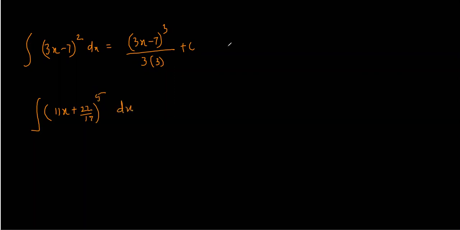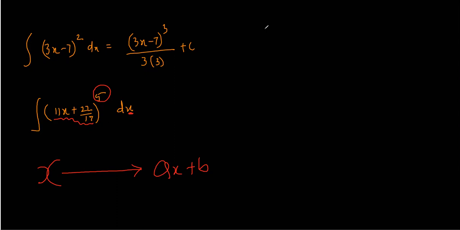Once again, what I notice is that it is a variable raised to a constant, and the variable isn't x, but no worries, because the variable x is replaced by ax plus b. This is allowed.